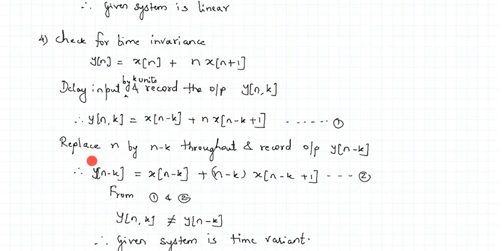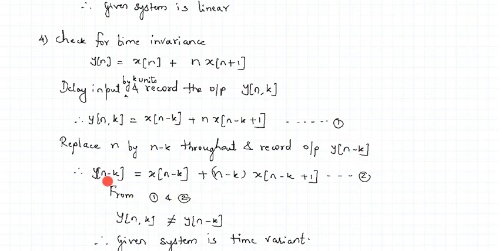In step number 2, we are going to replace n by n minus k throughout. So wherever there is n in the system equation, we will replace it by n minus k, and we'll call this output y of n minus k.